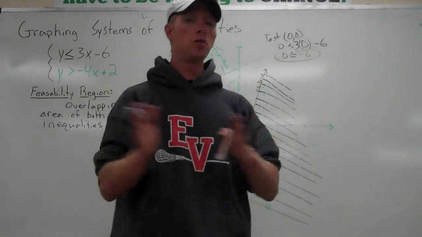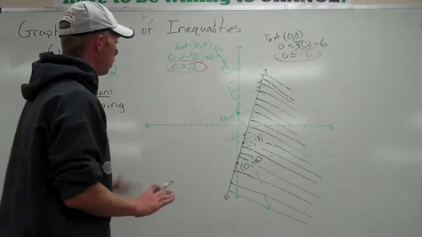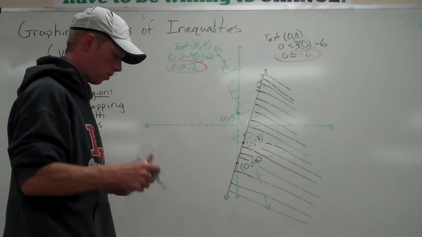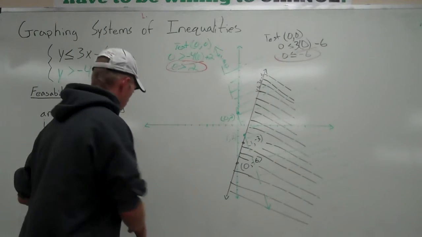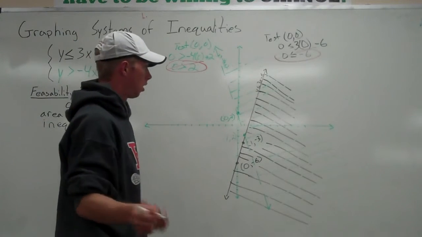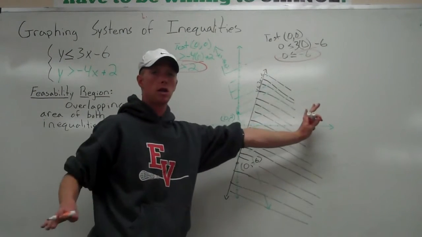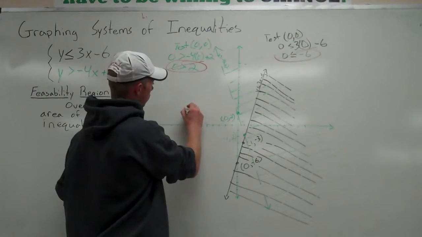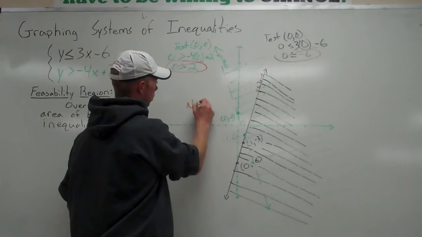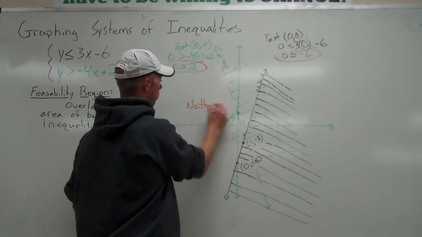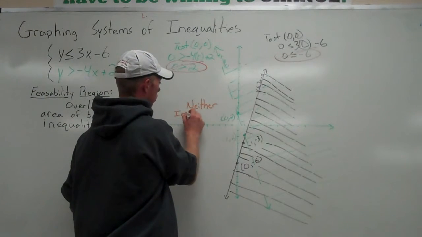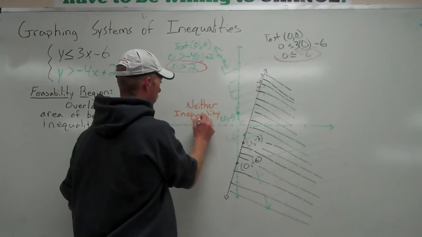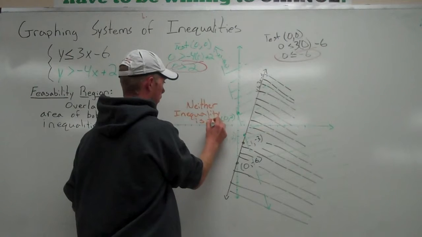So now when I have two intersecting lines, I can look at this and say it's kind of divided my graph into 4 distinct regions. I know where I shade is true. So over here where there's no shading, neither inequality is true.